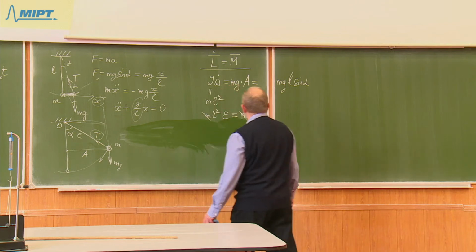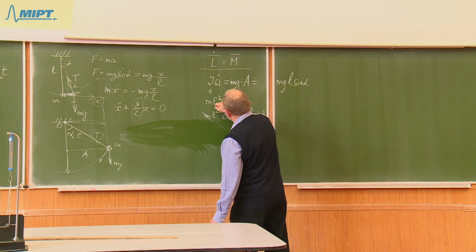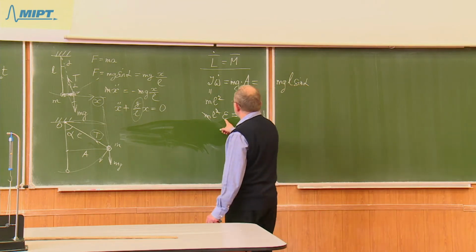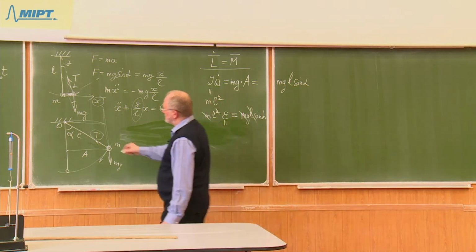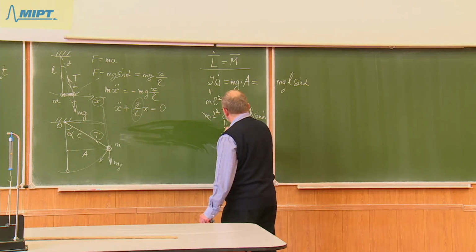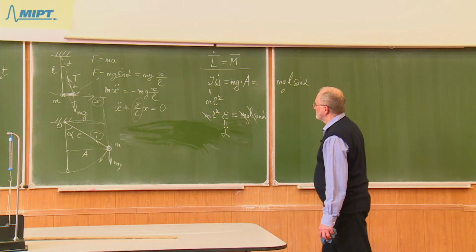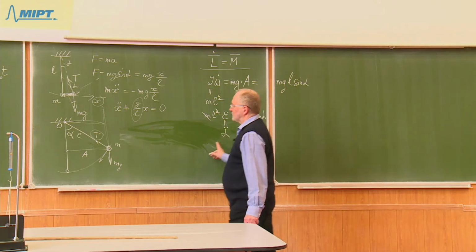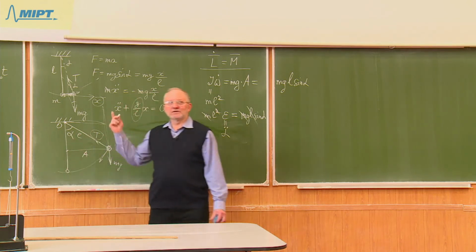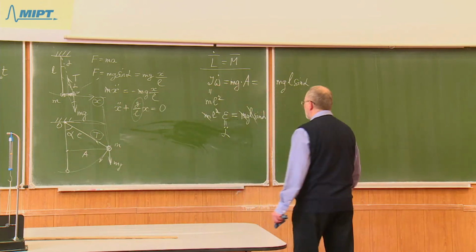M will cancel here, L will cancel. And angular acceleration can be written as the second derivative of alpha, the angle of deflection, which is the angular acceleration in this motion.